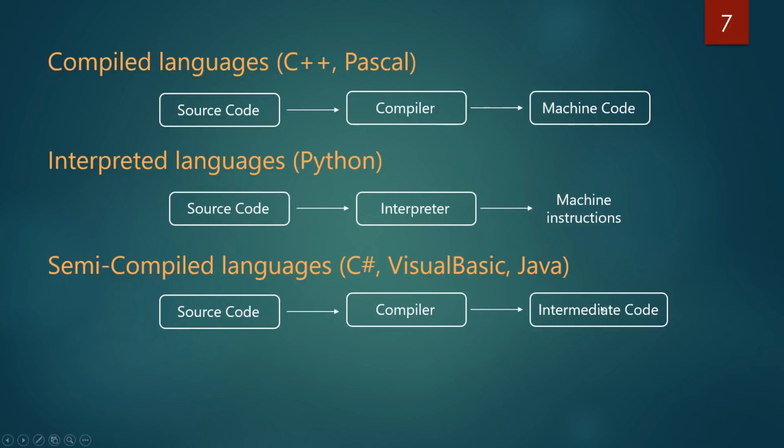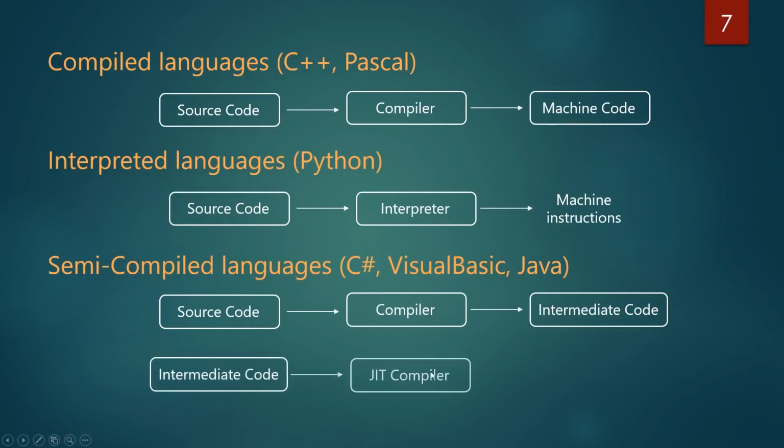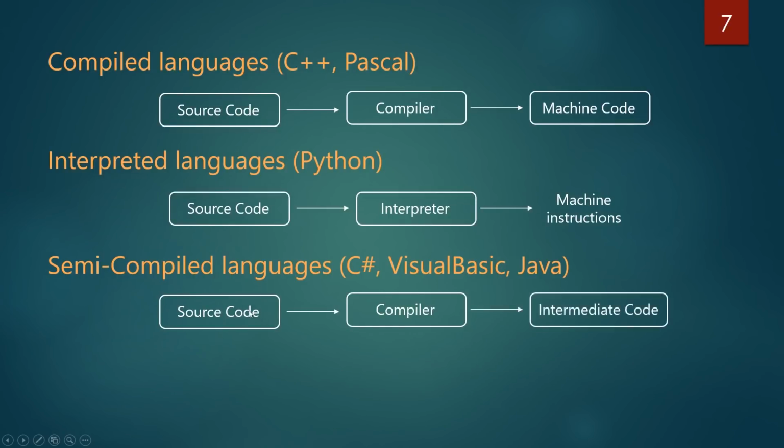But anyway, the intermediate code, even though it's not 0 and 1, is already structured in a way that it can be translated to the actual machine instruction very quickly, okay? So at first you write the source code in C#, you compile it into intermediate code. This is basically what your Grasshopper plugin is going to look like, okay?